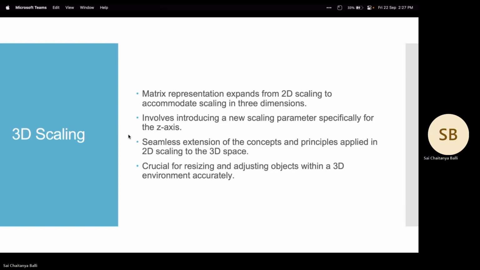In simple terms, the matrix representation expands from 2D scaling to accommodate scaling in 3 dimensions. It is a seamless extension of the concepts and principles applied in 2D scaling to 3D space. It is crucial for resizing and adjusting objects within a 3D environment accurately. That's very important because if that isn't done, then the entire object shape will be changed.